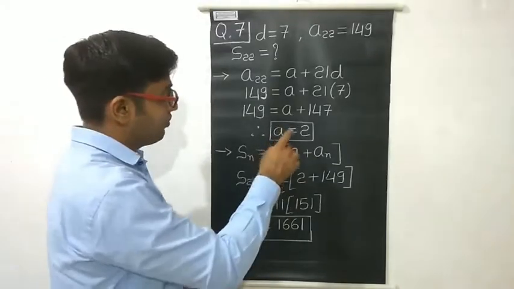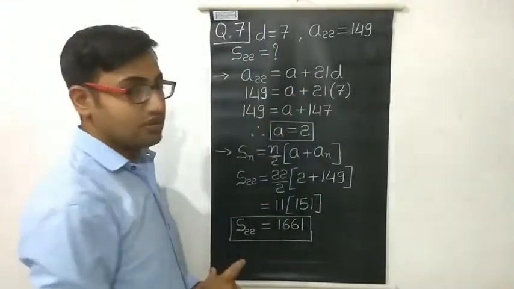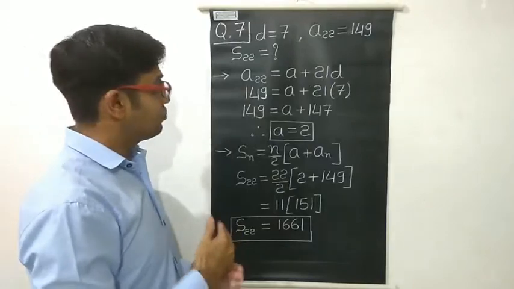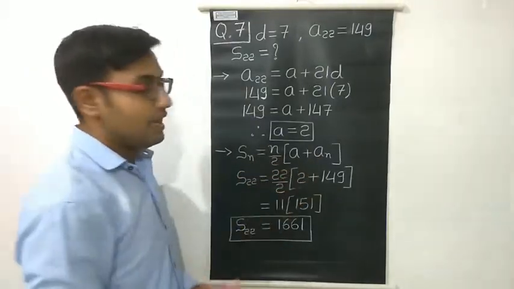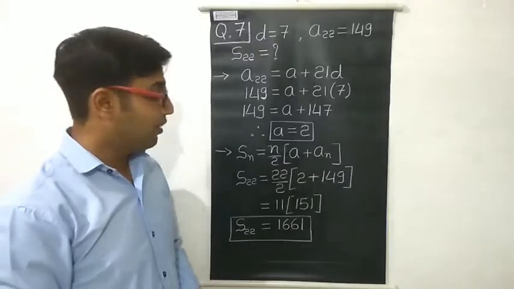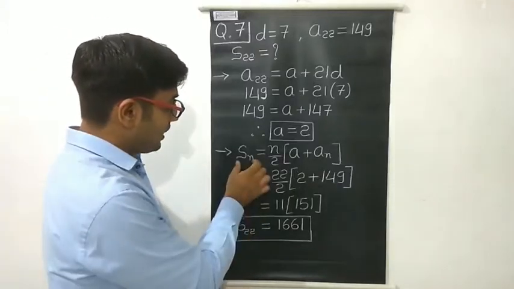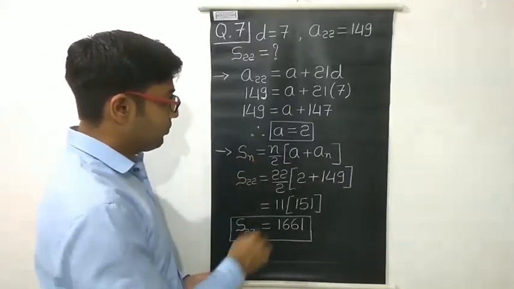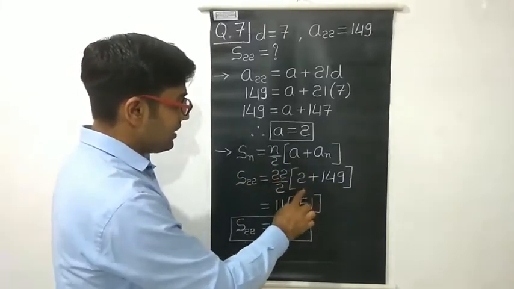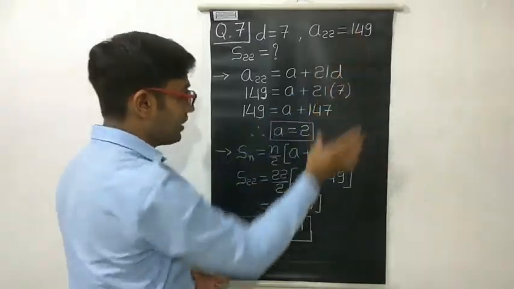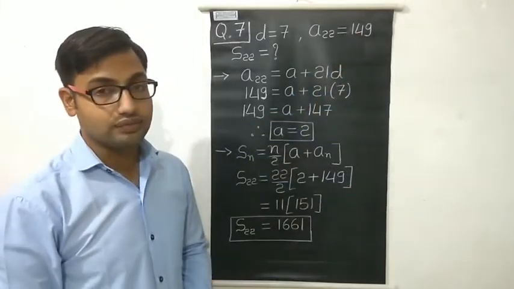Now we have the value of the first term, the value of the last term, and the value of n. So we can now use this formula, Sn is equal to n by 2 (a plus an). Now put down all the values. We get S22 is equal to 22 upon 2, in the bracket a is 2 and a22 is 149.